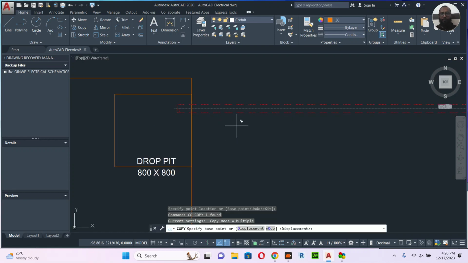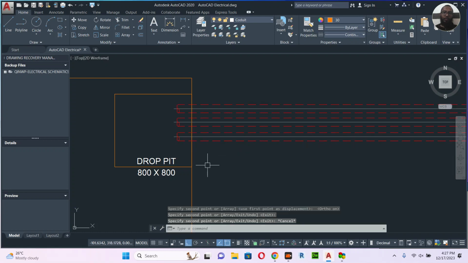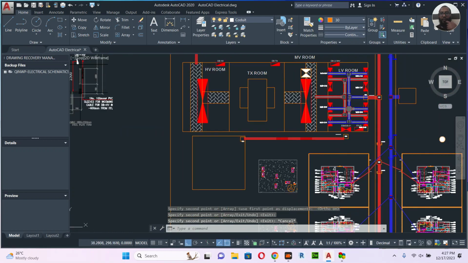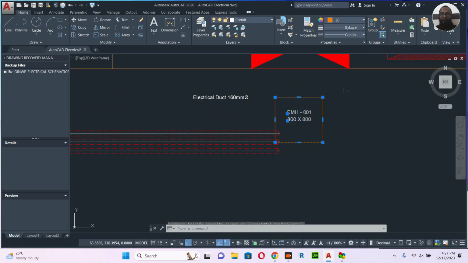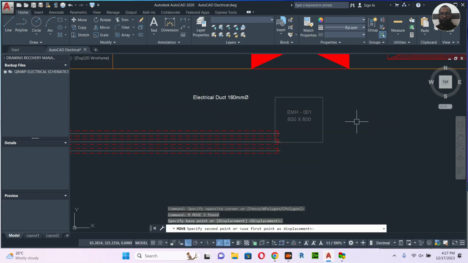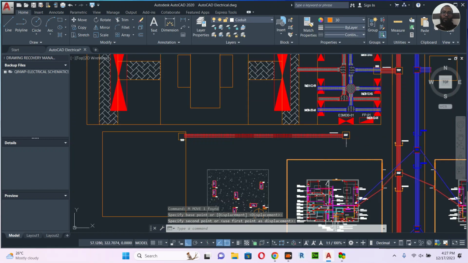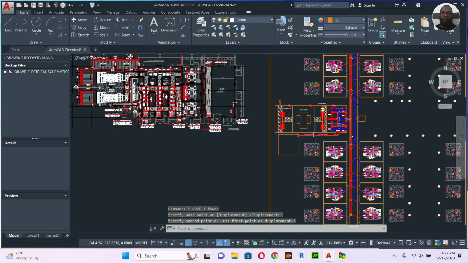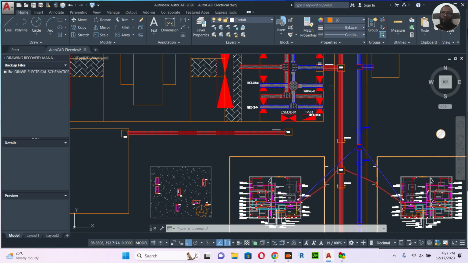So copy. Always we use 150 mm dia PVC duct, otherwise 100. It depends on the requirement. So let's move this guy a little down. Here I use 160. It's not necessary it should look like this. It can be any, maybe like this also. It depends on the design.